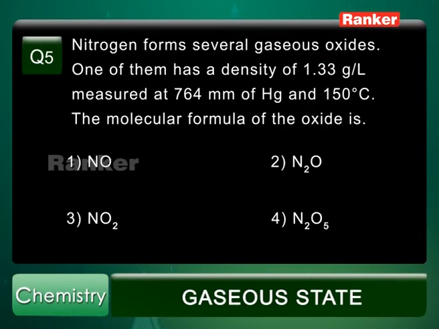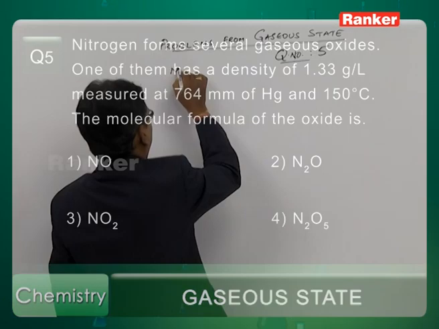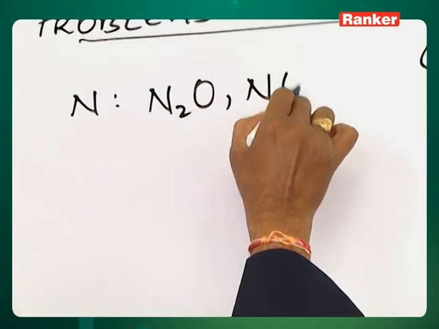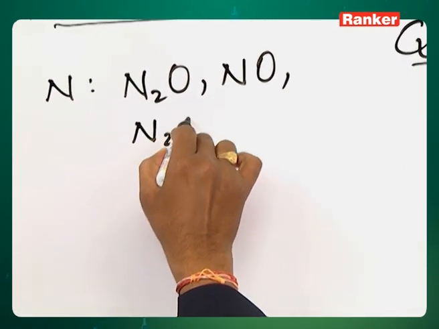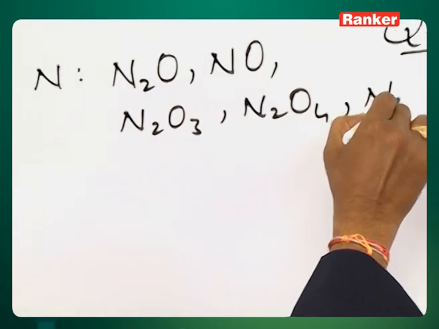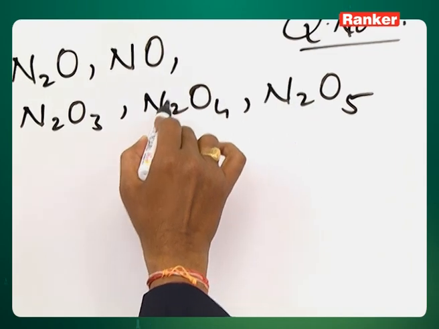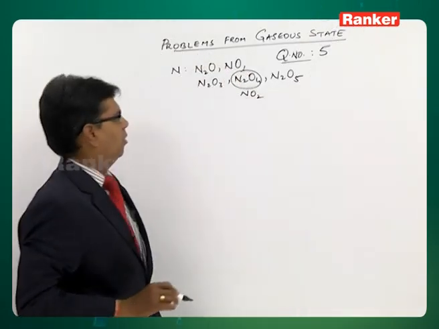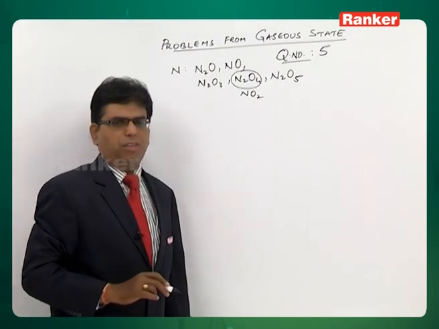In question number 5, what is given is nitrogen forms several gaseous oxides. As you know, nitrogen forms different oxides: N2O, NO, N2O3, N2O4, N2O5. N2O4 is nothing but a dimer of NO2 also. So, it forms different oxides.